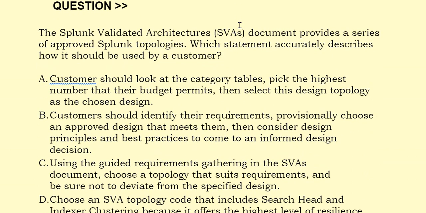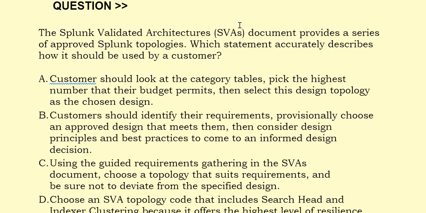Option A. Customers should look at the category tables, pick the highest number that the budget permits, then select the design topology as the chosen design. Option B. Customers should identify their requirements, provisionally choose an approved design that meets them, then consider design principles and best practices and come to an informed design decision.